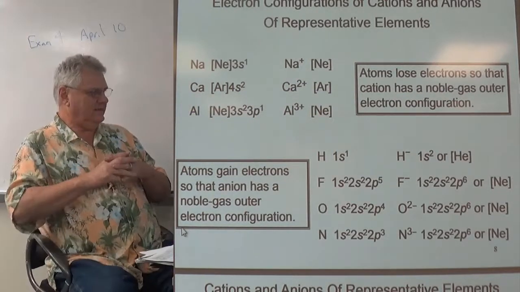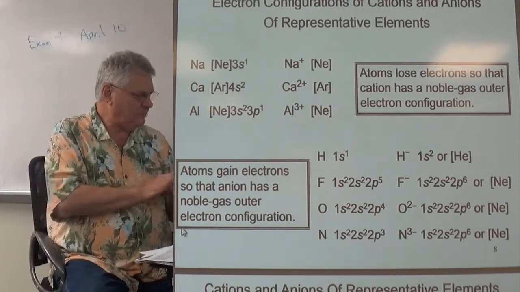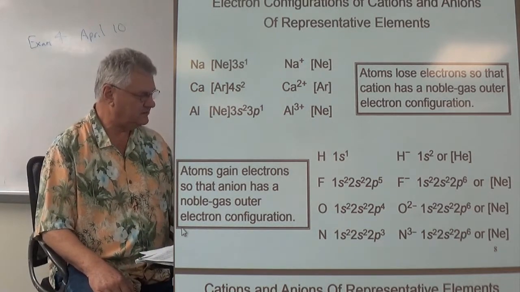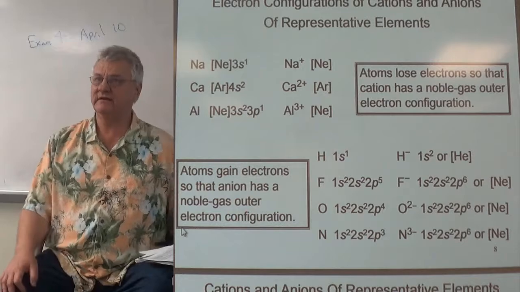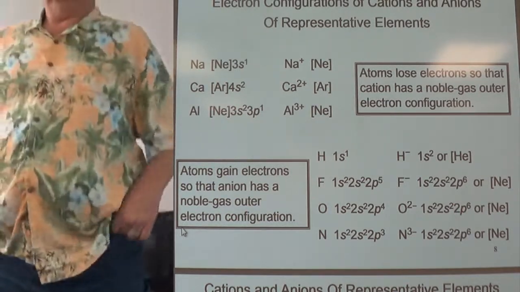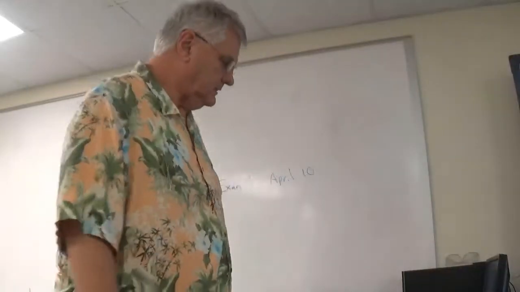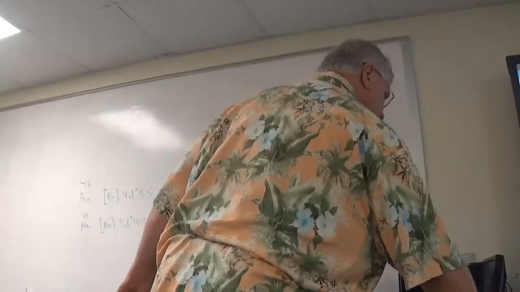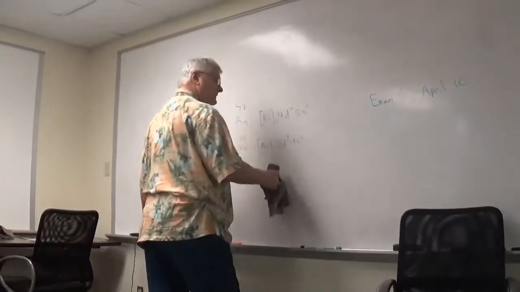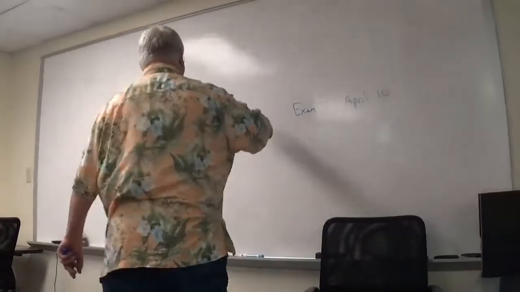Now, what about ions? Well, for main group elements, determining the electron configuration of ions is very easy because you just get rid of the valence electrons. Let's take an example here of magnesium. Magnesium on your periodic table is atomic number 12.